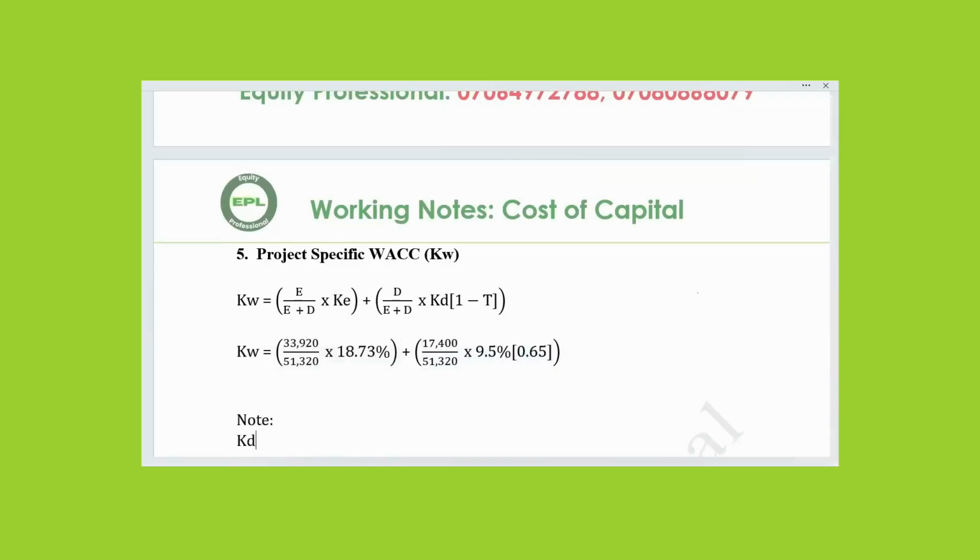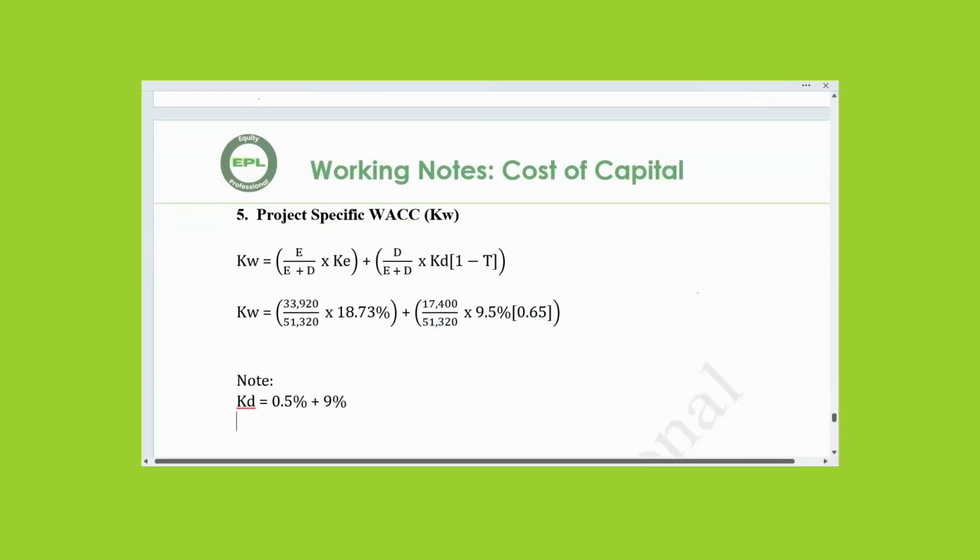KD is equal to 0.5% plus 9%. That's what the examiner told you. Therefore, KD is equal to 9.5%. We are doing this because of the information given in the question.